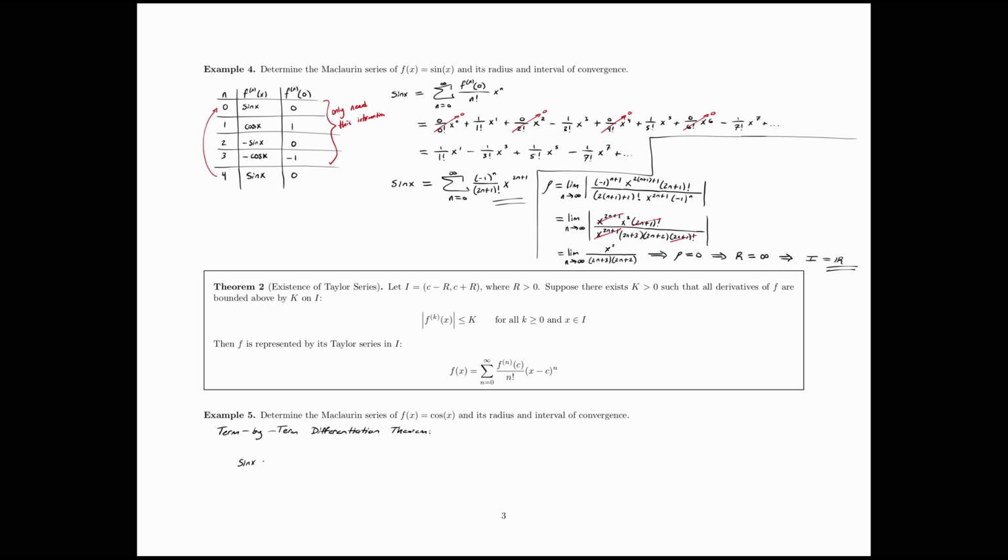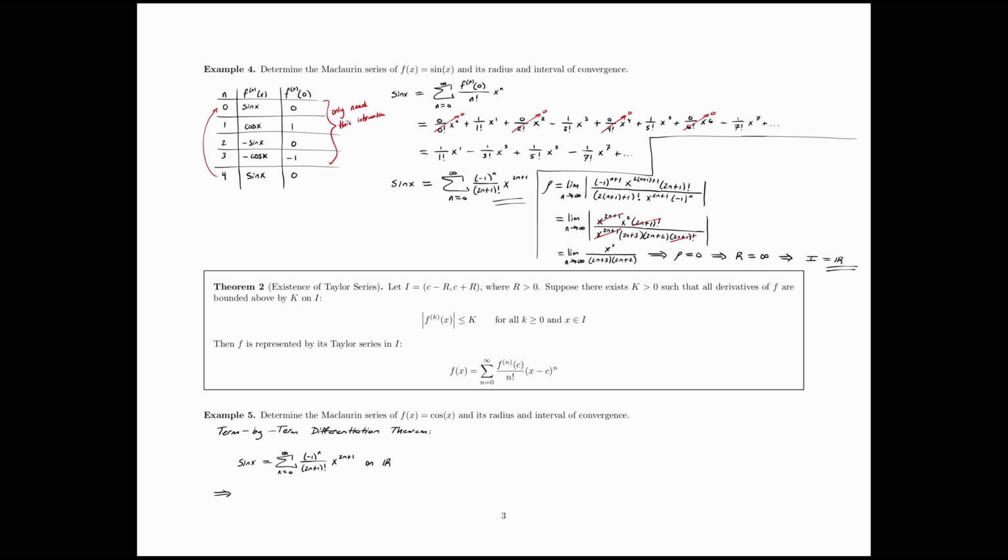sine of x is equal to the sum from n equals 0 to infinity of negative 1 to the n over 2n plus 1 factorial, x to the 2n plus 1, and we'll say on all real numbers. So the radius of convergence is infinity.